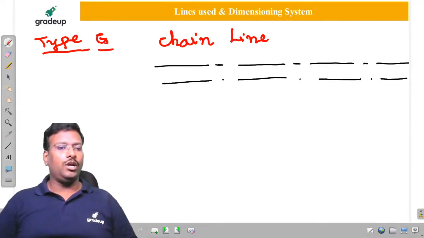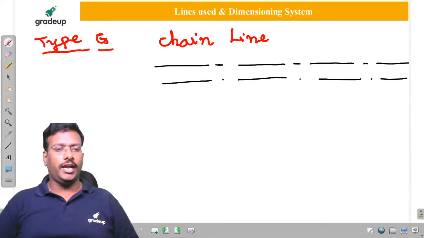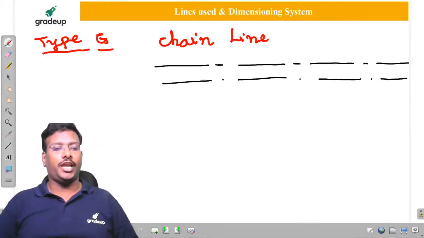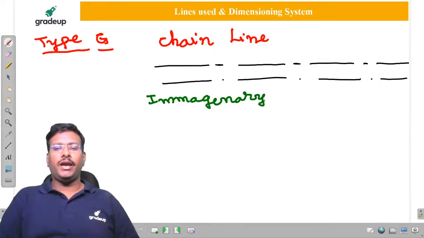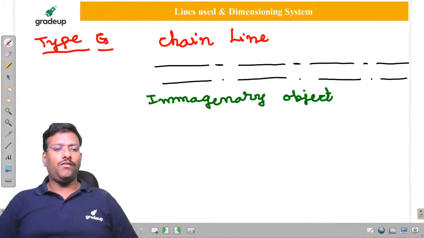Sir, when are we going to use this chain line? Whenever it is a chain line, it is not actual, it is going to be an imaginary object. What is an example for this, sir?